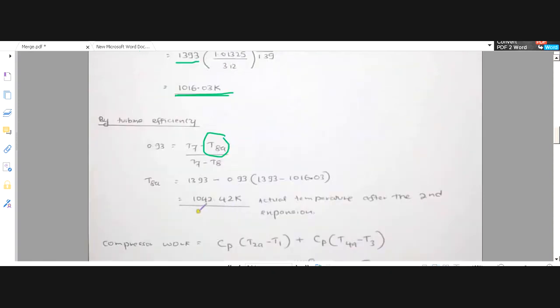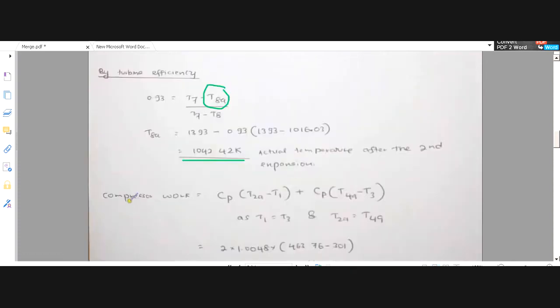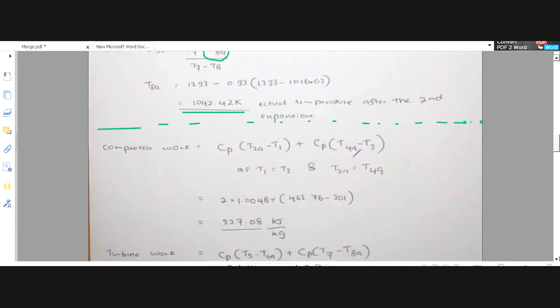Now see, it is higher, 1042. So now all the values we have evaluated. Now we have to evaluate the other calculations, like compressor work, turbine work, those things.